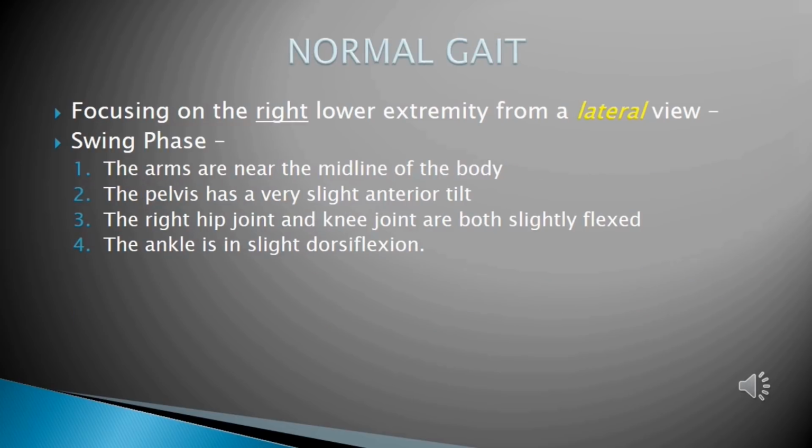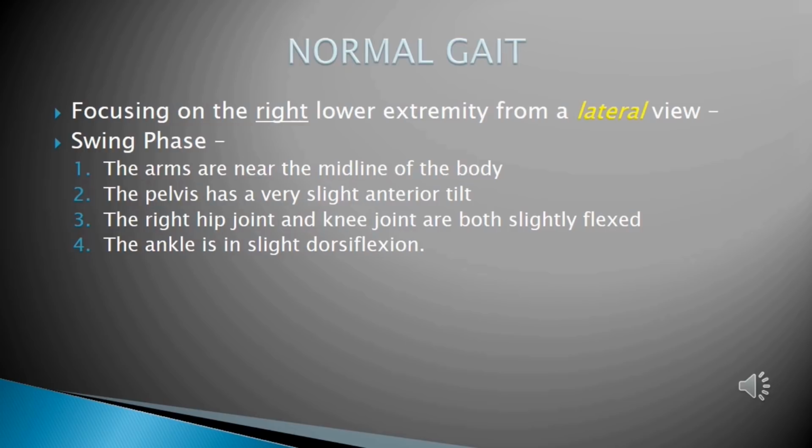Okay, let's now consider the swing phase of gait. Again, looking at the swing phase of gait from the lateral view, and then also from the anterior view, comparing normal gait with pathologic gait.